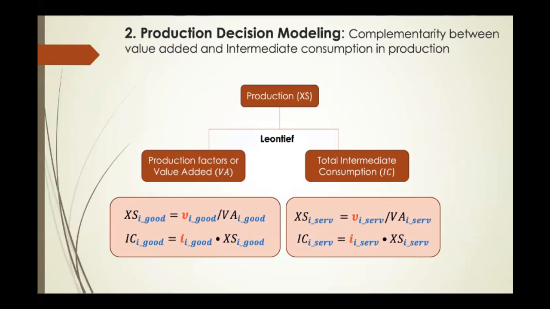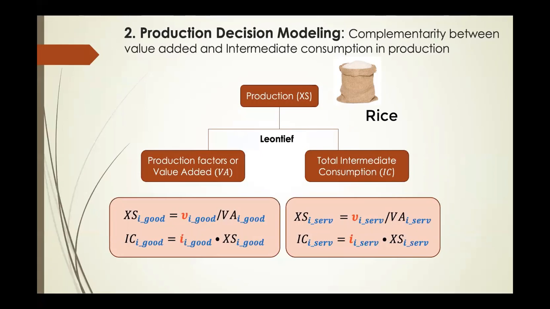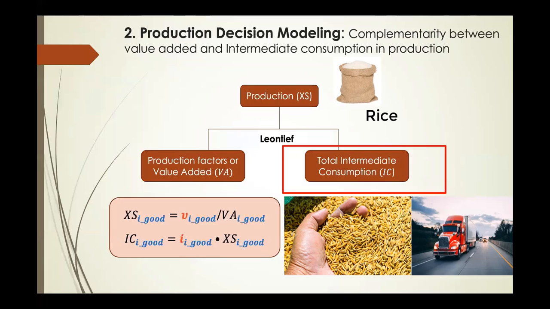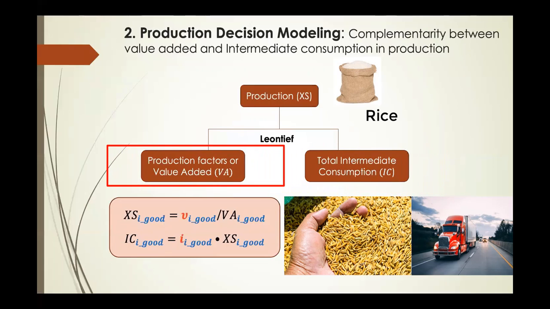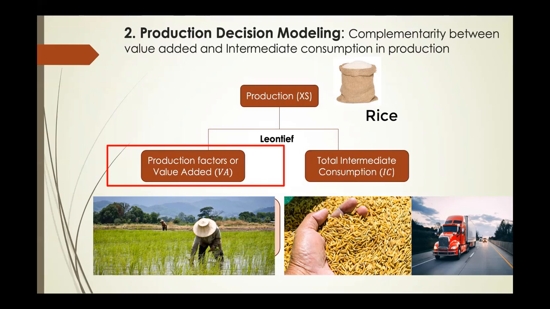Starting with the first layer, a complementarity between value added and intermediate consumption is assumed here. For instance, to produce a given quantity of rice, a farmer combines a volume of inputs, seeds and transportation, and a certain volume of factors, labor and capital.